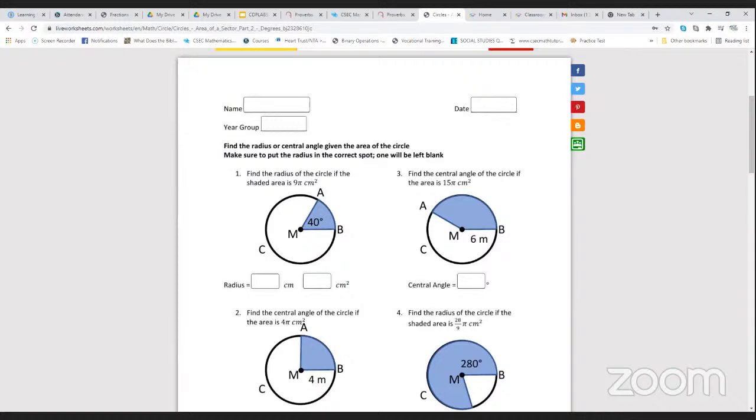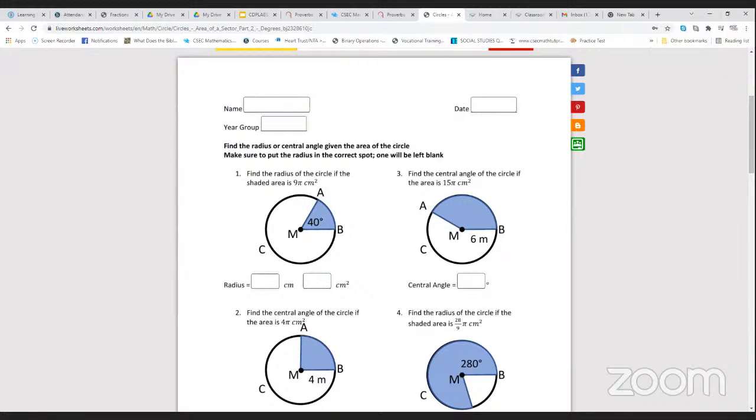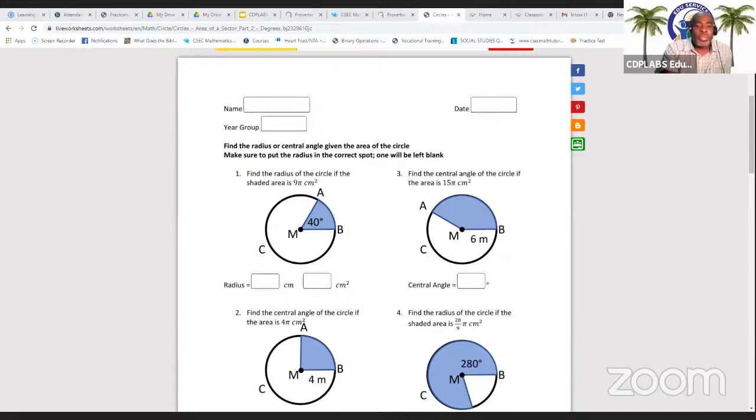All right. Okay, so 2 person. Has anybody drawn their circle already? Lexi? Can you hear me? Draw your circle and cut it out.